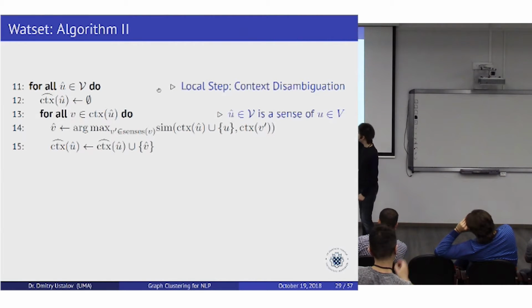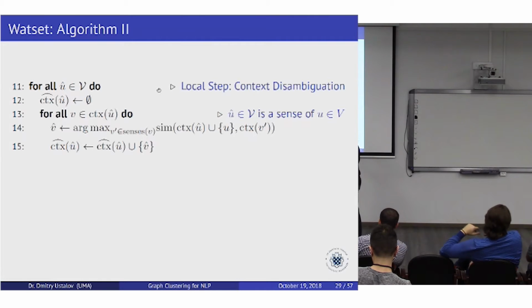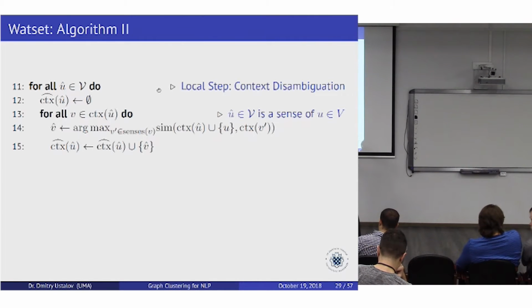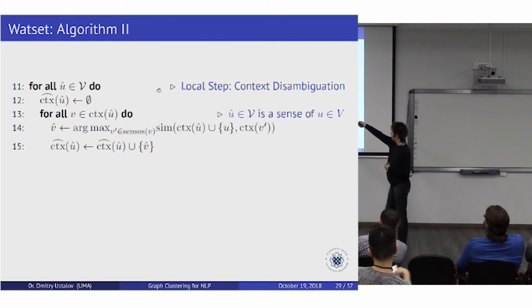You are taking each context of each sense, and you're trying to maximize this very weird expression. It works as follows. You're trying to find the maximal sense of the element of the context, whose similarity is maximum, and you compute the similarity between the context of this head with U together.